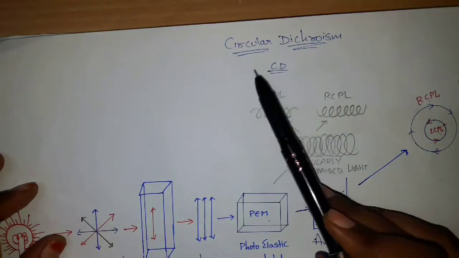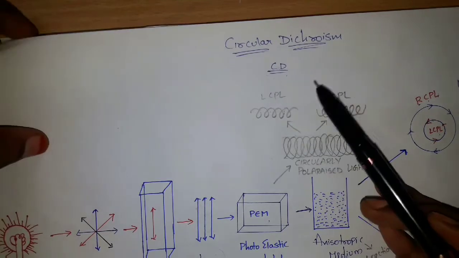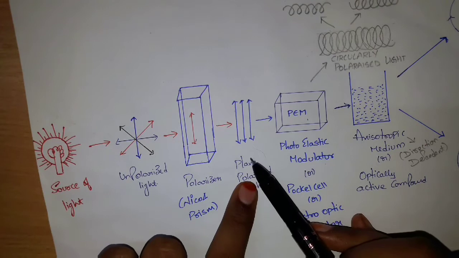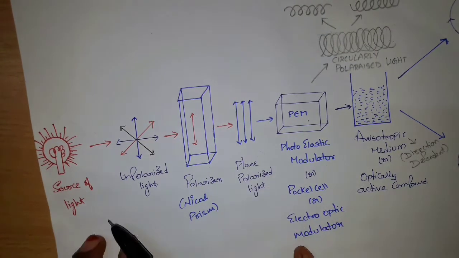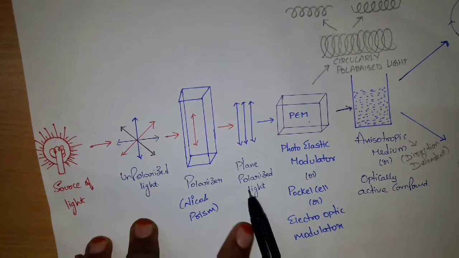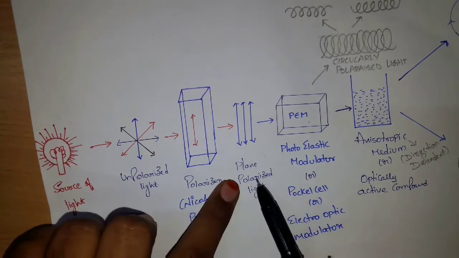Now coming to the concept of circular dichroism, CD. Till here the process is the same for both ORD and CD: source of light, unpolarized light. To convert unpolarized light to plane polarized light, we use a polarizer.